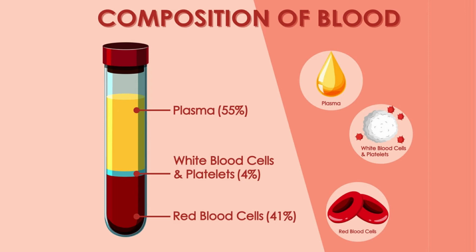The solid part makes up 45% of the blood and consists of WBC, or white blood cells, red blood cells, and platelets. The liquid part makes up 55% of the blood and consists of the plasma.